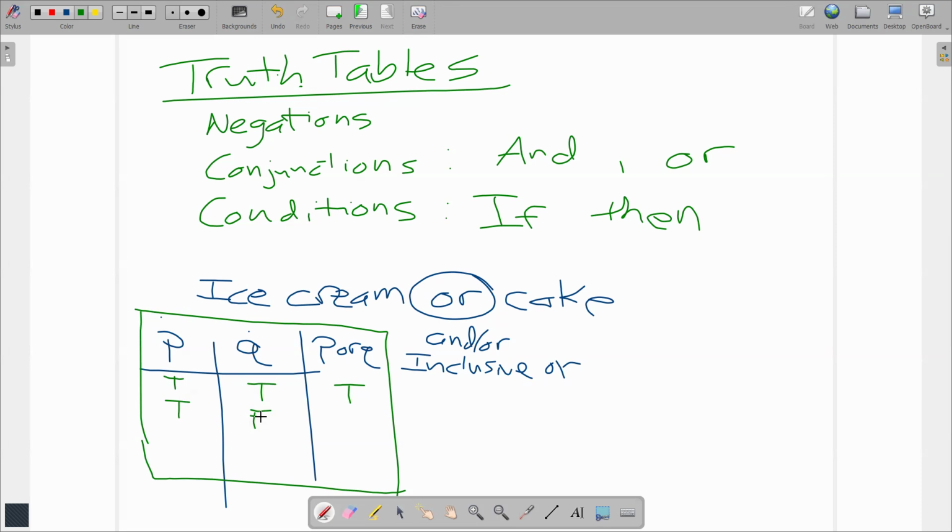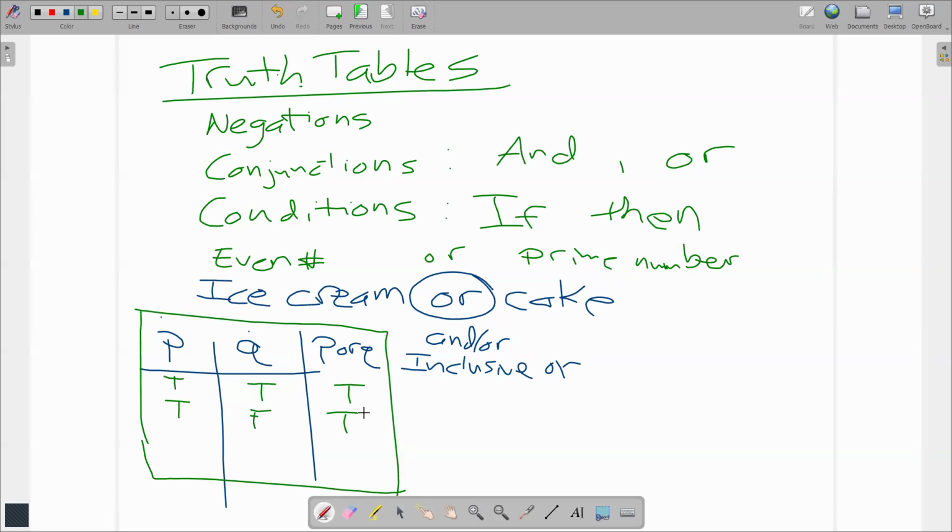It could be something like even number or prime number. True, you get ice cream. False, you get cake. What about getting ice cream or cake? Is that true or false here? Turns out it's true. As long as one of them happens with an or, the or is happy about it. So it turns out that has to be true.